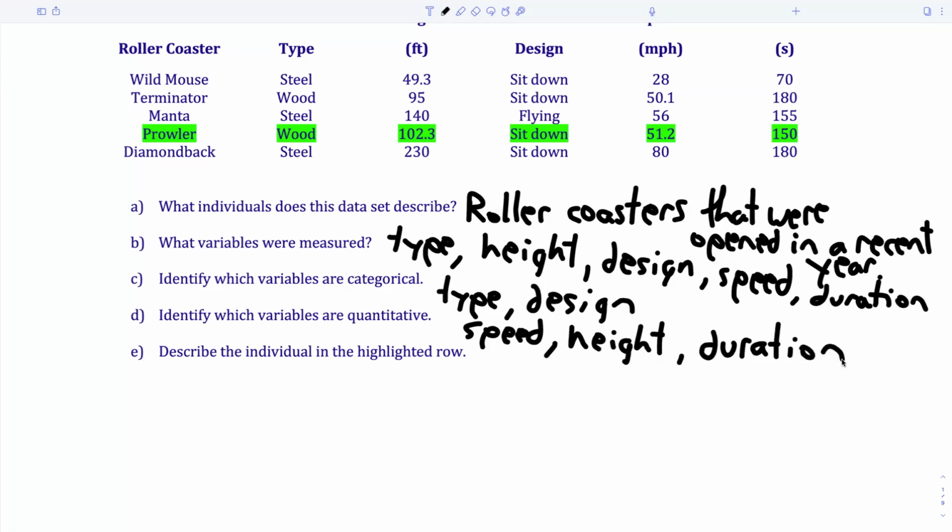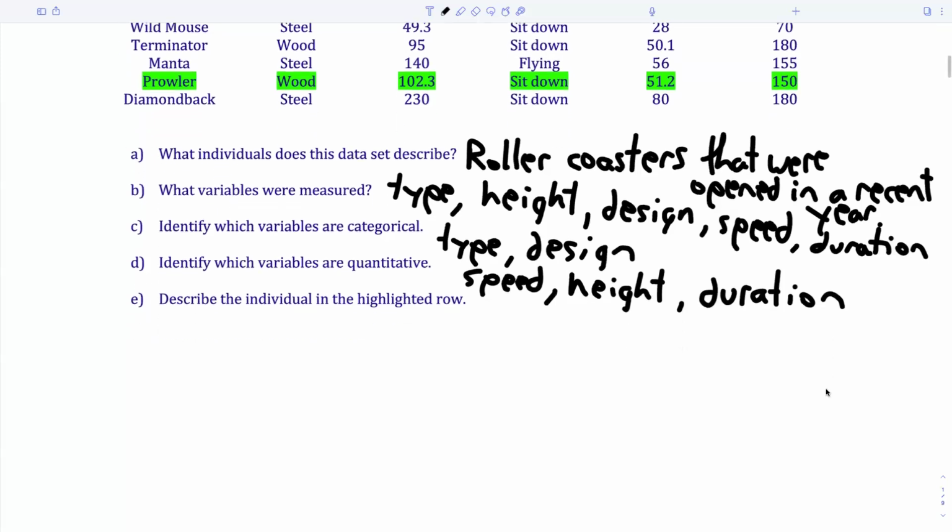Describe the individual in the highlighted row. That is the next to last row there. It's kind of hard to see on your notes, but this is what I was talking about when I said put things in context. A lot of times we will get into this later, but the AP free response stats questions are graded on a little bit different rubric. But that rubric, a lot of times, one of the important components is context.